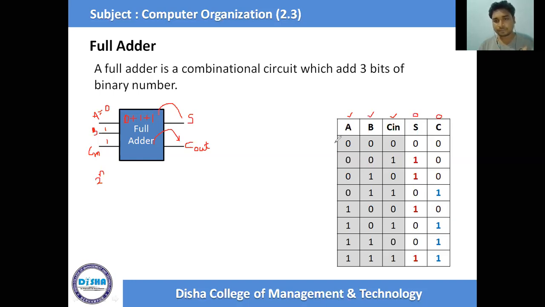As the system receives 8 combinations, it starts from 0, 1, 2, 3, 4, 5, 6, and 7.